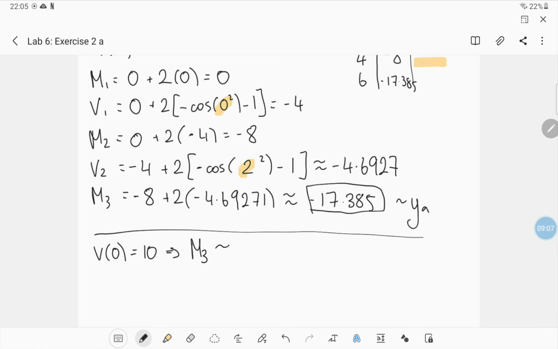All I'm going to do here is change the V on the Excel. So that's 42.615, and that plays the role of my YB.